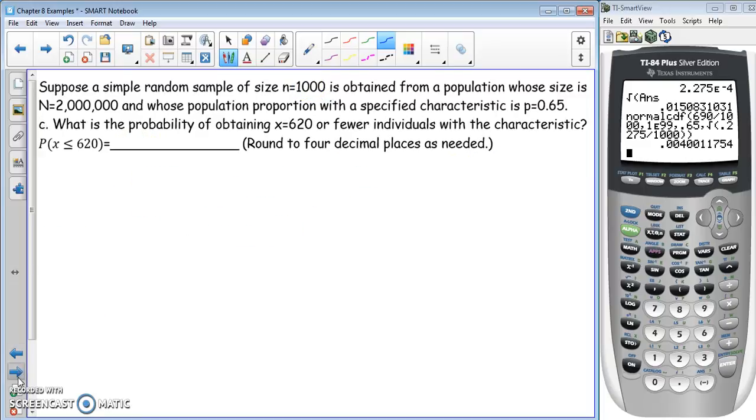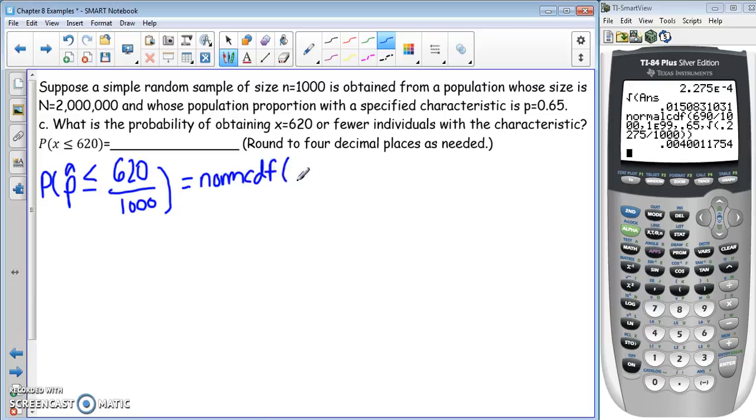For the next one, we want to know the probability of obtaining 620 or fewer individuals. It works out the same way. The probability that p hat is less than or equal to 620 over 1,000. So normal CDF, and this one's going to be negative 1E99, because we want the area to the left of that value since we're talking about less than.